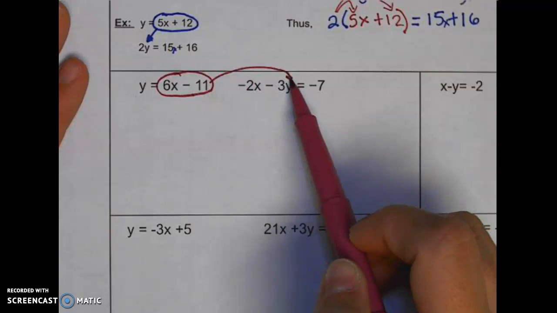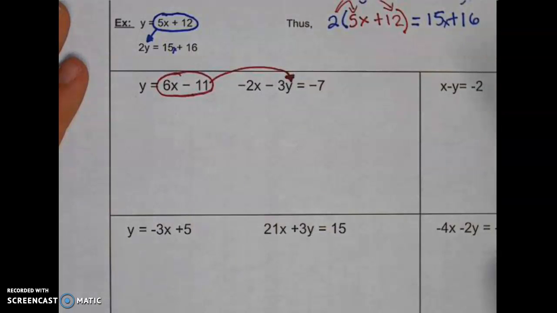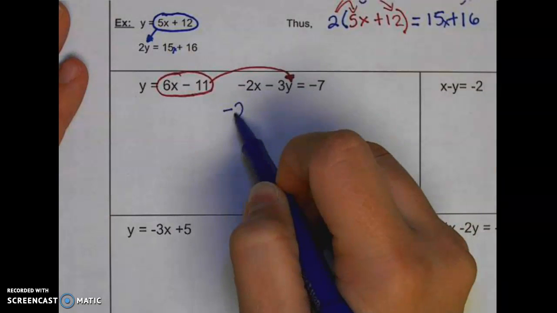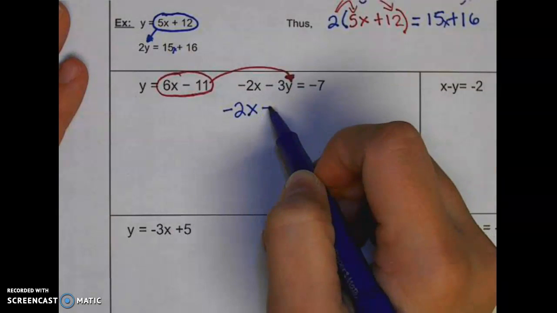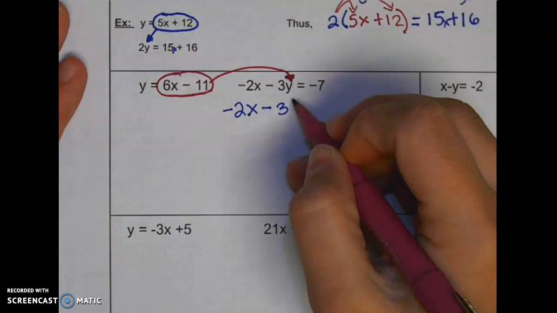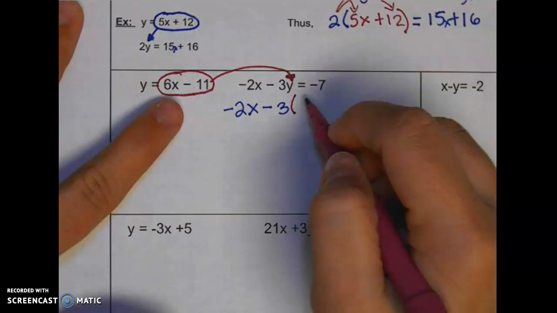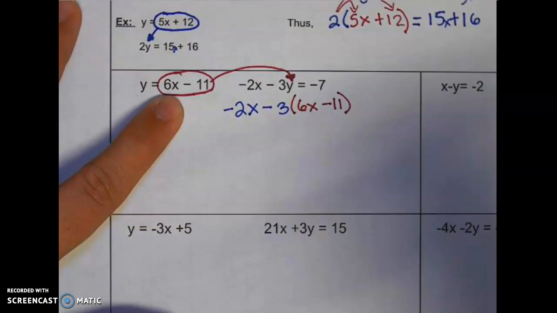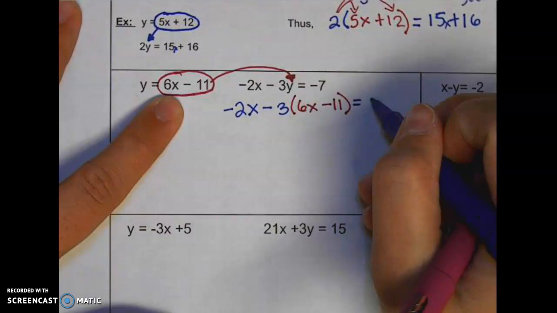So I'm going to take this 6x minus 11 and I'm going to plug it in to this y right here. Always draw arrows so you know what you're doing. So for my first equation here, I didn't do anything to this negative 2x. I didn't do anything to this minus 3. But instead of y, I'm going to put parentheses and put 6x minus 11. And then I'm going to write equals negative 7.